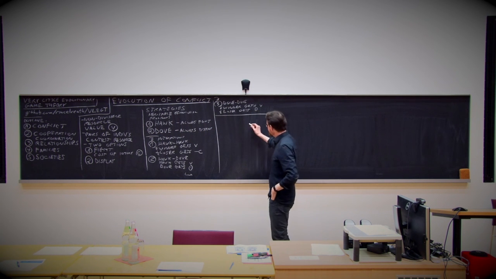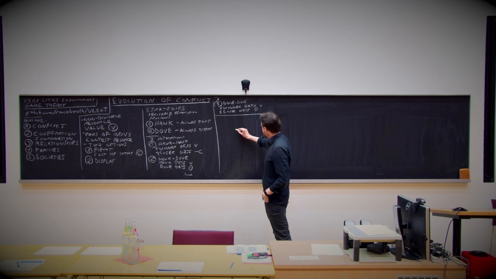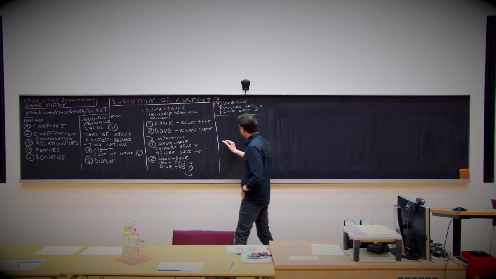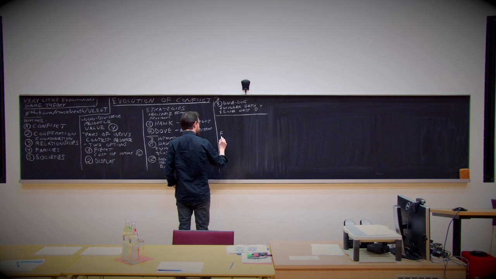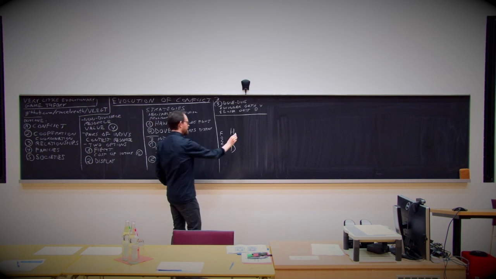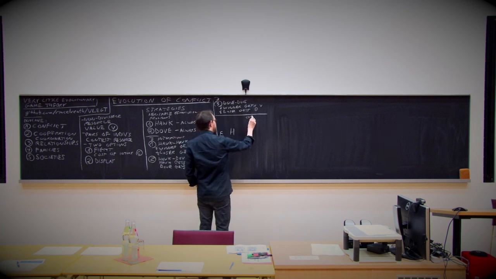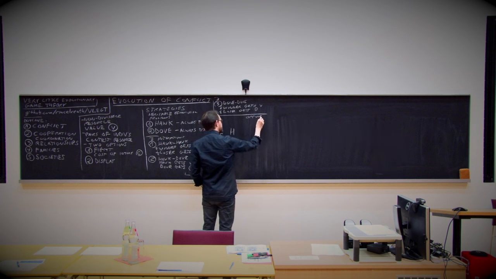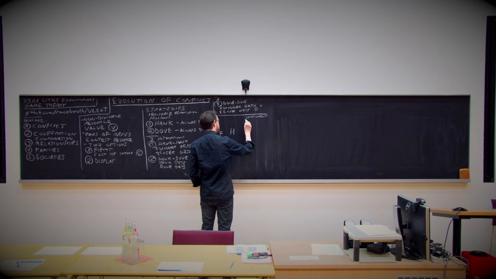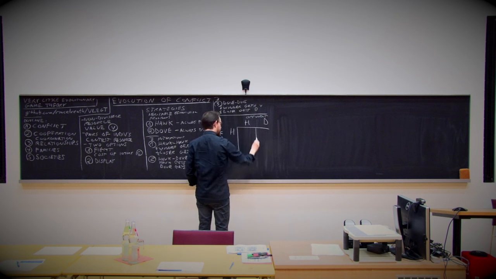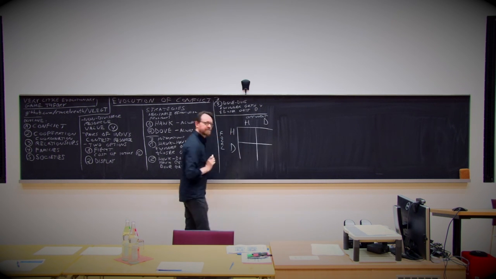So now I'm going to summarize these three types of interactions with something called a payoff matrix. So what we do is we imagine we've got some focal individual, and that focal individual can be a hawk or a dove, and there's an opponent. And that opponent can also be a hawk or a dove. And this gives us a little matrix.